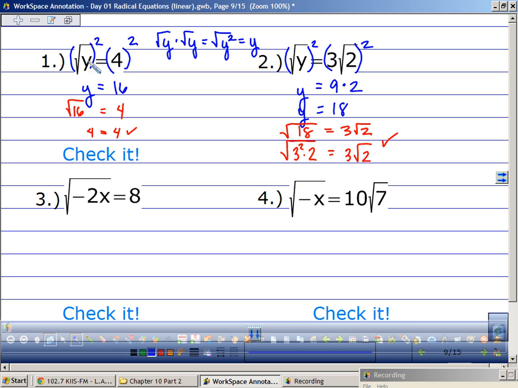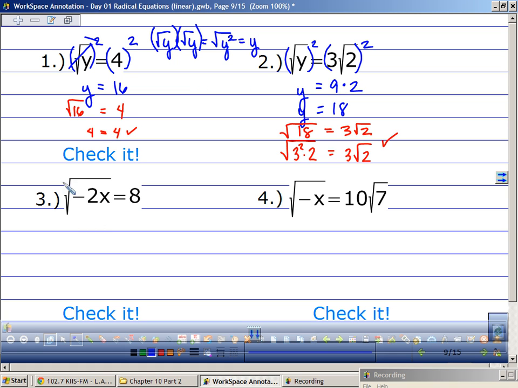And this is why: if I take the square root of y and I square it, isn't squaring me multiplying it? The square root of y times the square root of y is the square root of y squared. And when you have a square underneath a square root, you kick the y out. So every single one of these, if I square it, it just cancels the square root. Okay?